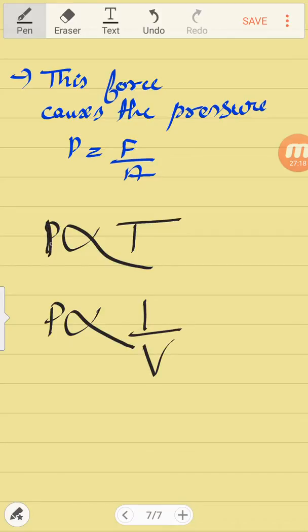It means when temperature increases, pressure will increase. Why will it increase? Because when temperature increases, the molecules move fast. When they move fast, they exert more force. When they exert more force, the pressure will be more.